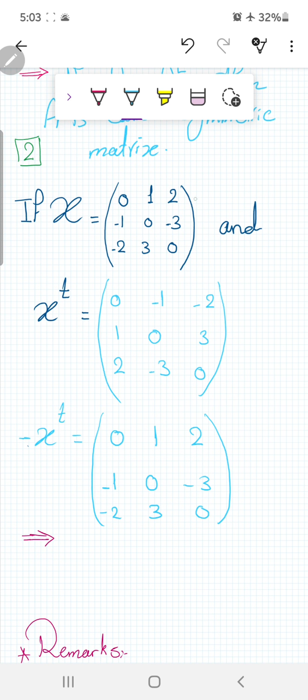X here, 0, 1, 2, -1, 0, -3, -2, 3, 0, equals negative X transpose. So if we get X equals negative X transpose, then X is called a skew symmetric matrix.